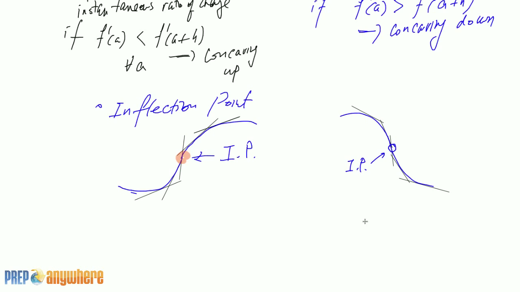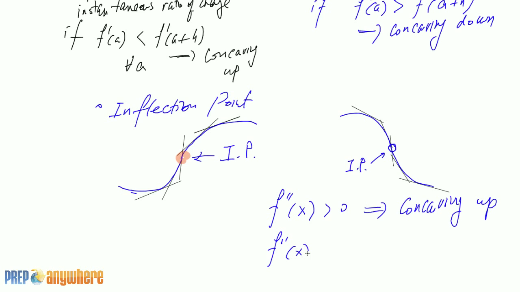Okay, so recall the second derivative. If the second derivative is positive, that means the rate of change of the derivative is increasing. This tells you it's concaving up. If the second derivative is negative, it's concaving down.